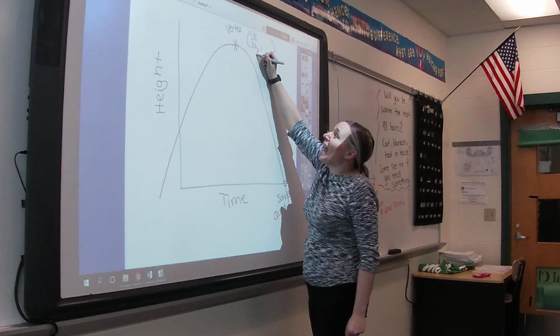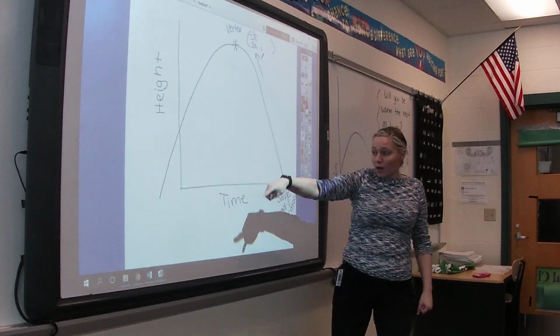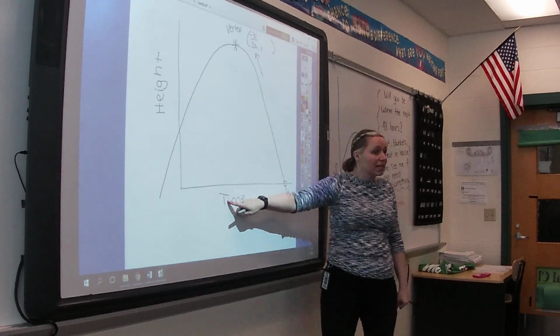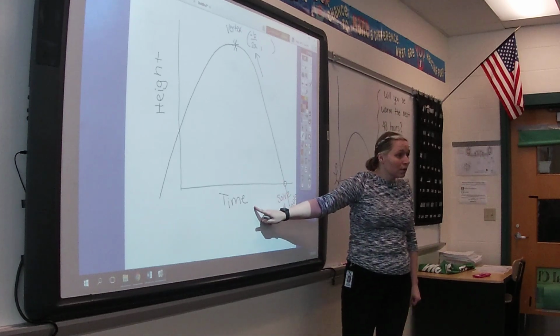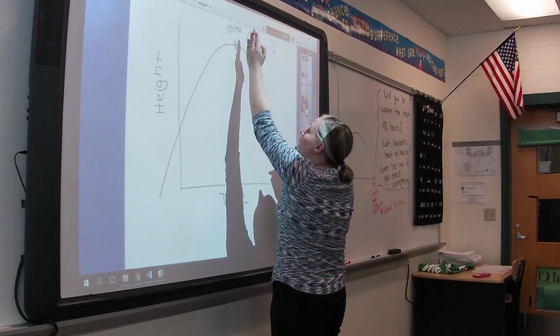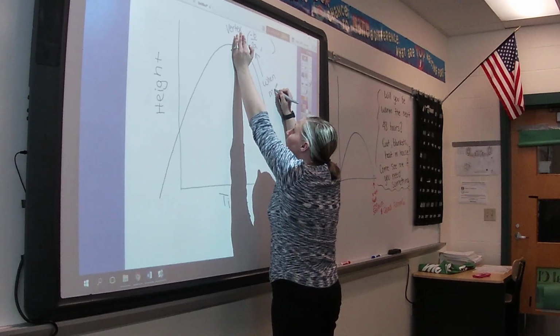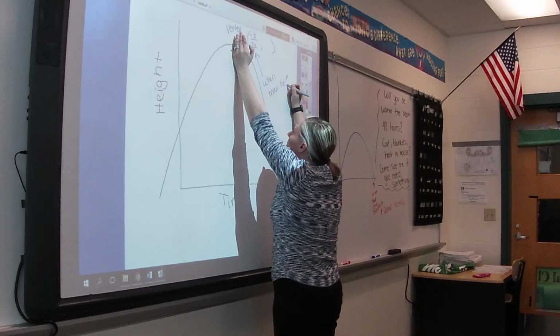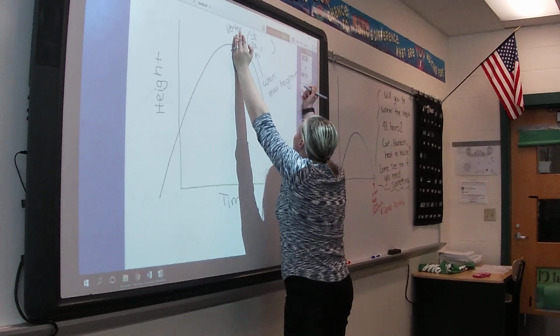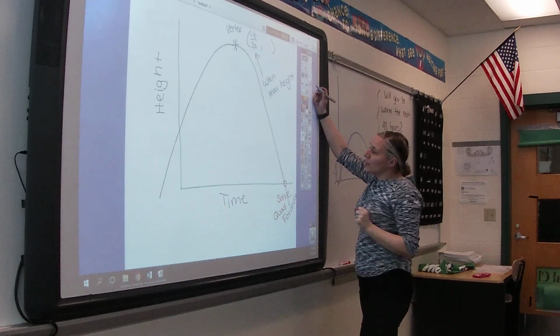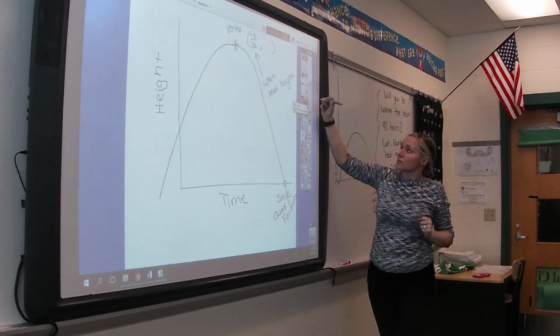So this is an x value. Our x-axis is time. So this value right here would be telling us when it's at its max height. How do we find its corresponding y value?